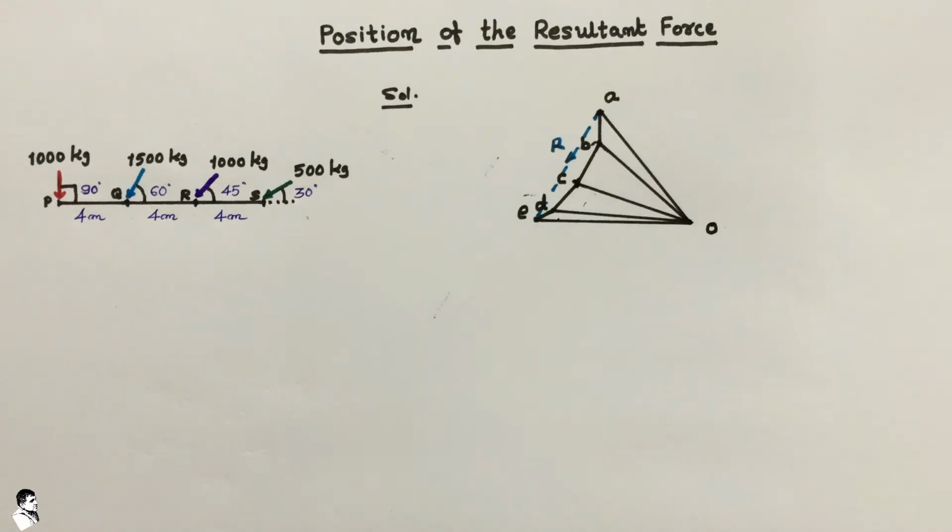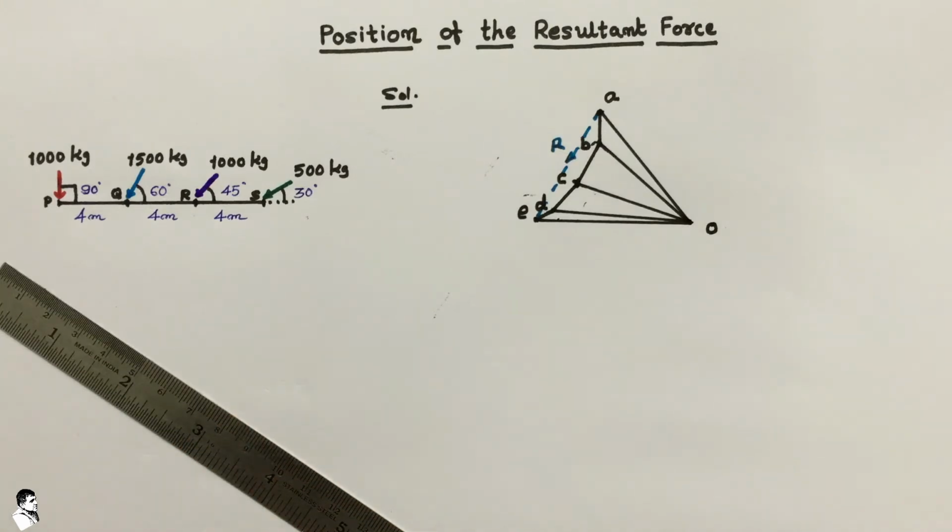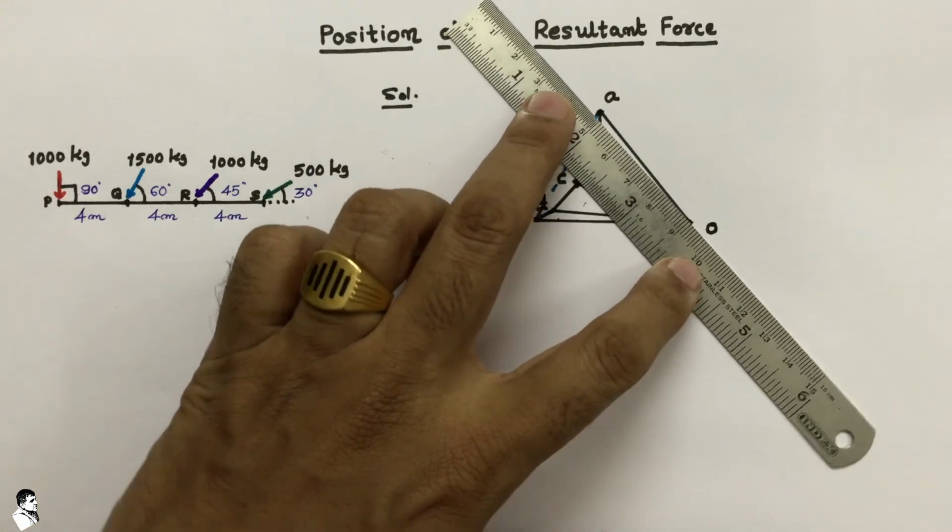Now we have to plot the actual lines in our space diagram. We start with the AO line.